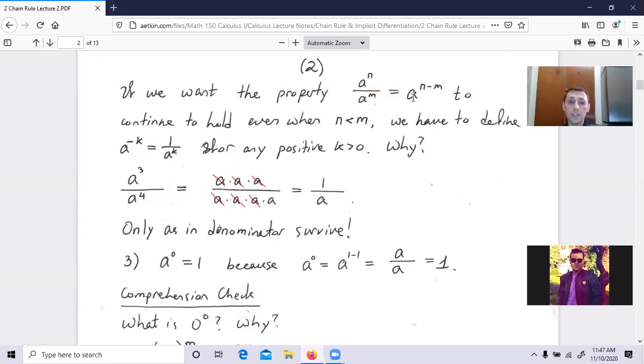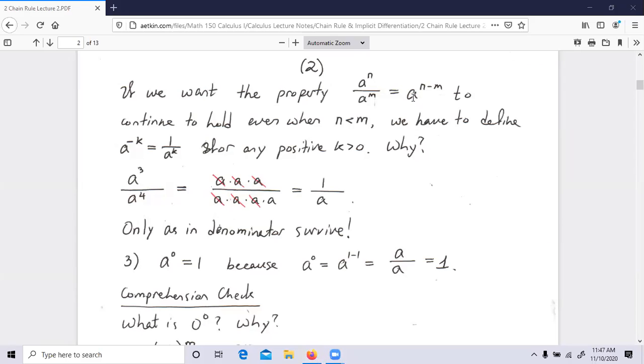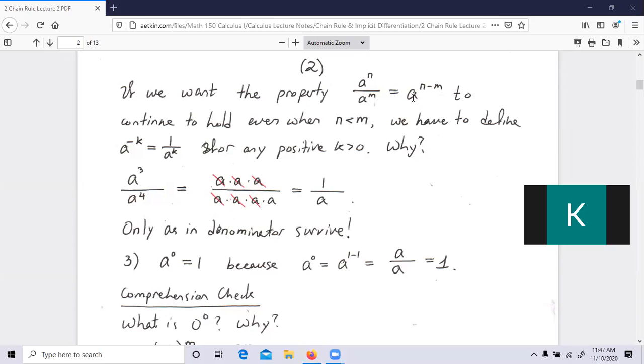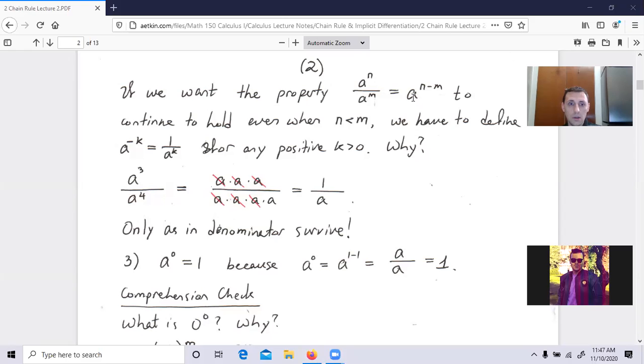Now, quick comprehension check. What is 0 to the power of 0 and why is that the case? Are you there, guys? So 0 to the power of 0, what is that? Irvin says 1. Zakia now says 1.